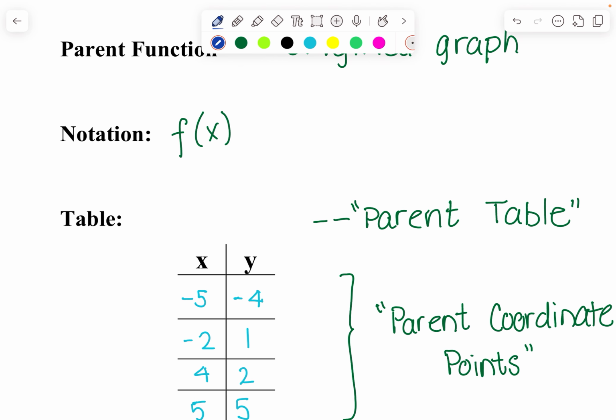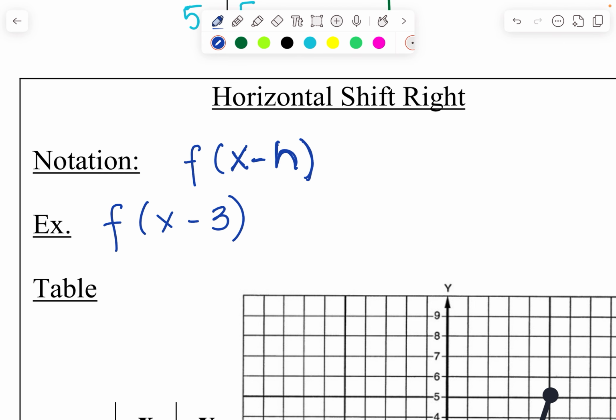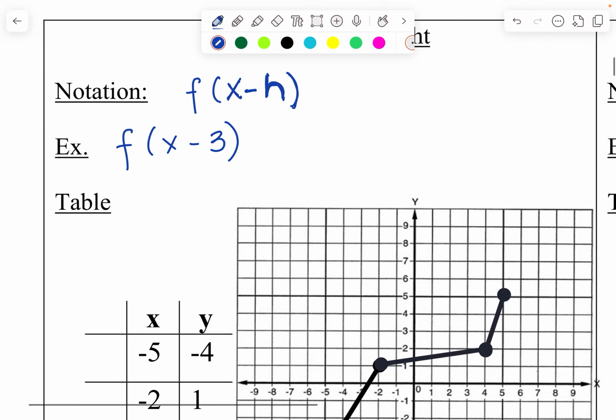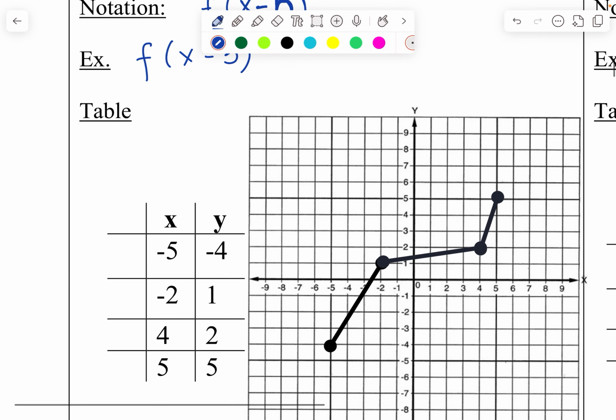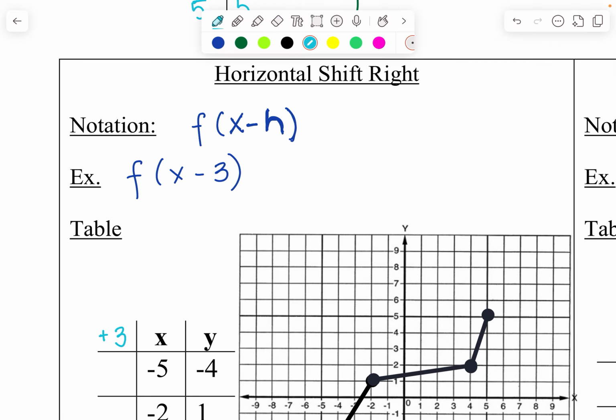Here, because we're having a shift to the right, we're doing a minus h. This is a horizontal shift to the right. Take, for example, f of x minus 3.